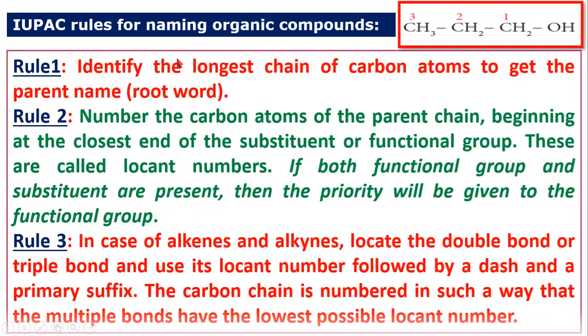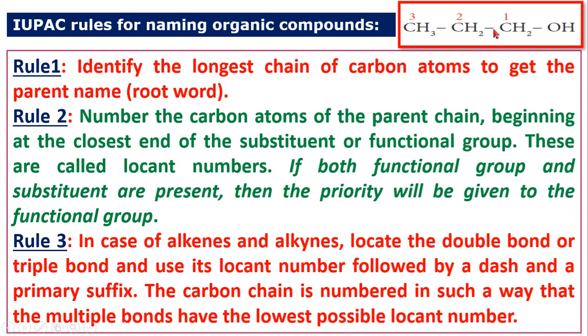Now, what are the rules? IUPAC rules for naming the organic compounds. For example, now look at the formula. CH3, CH2, CH2 bond OH. Now, you count the carbon atoms. How many carbon atoms? 1, 2, 3.